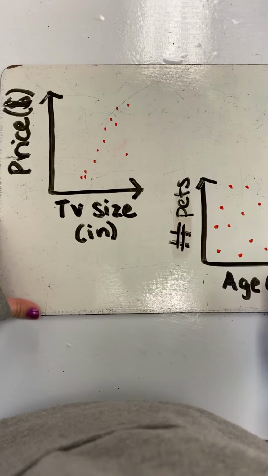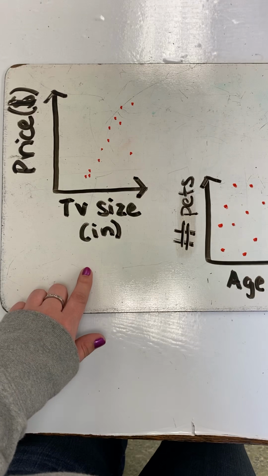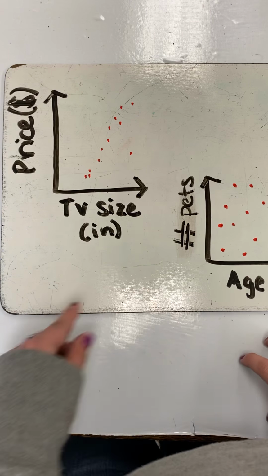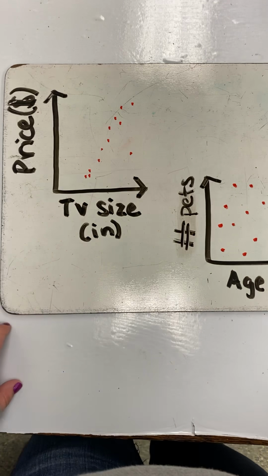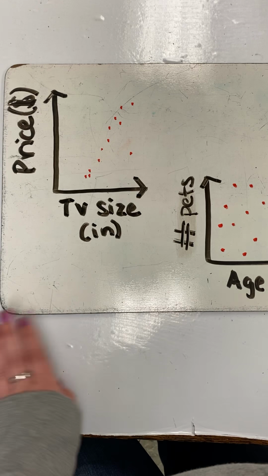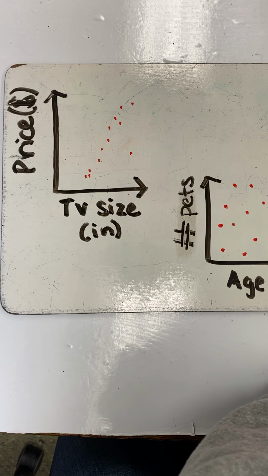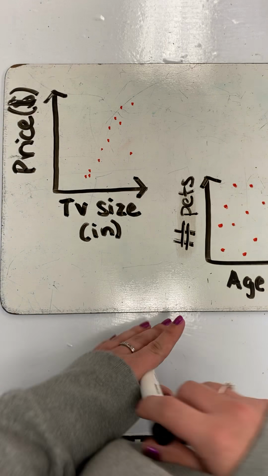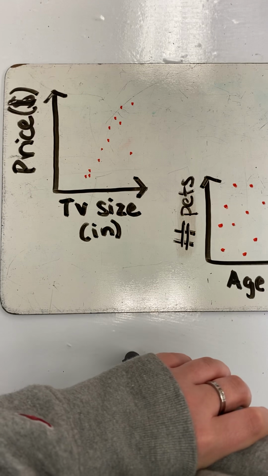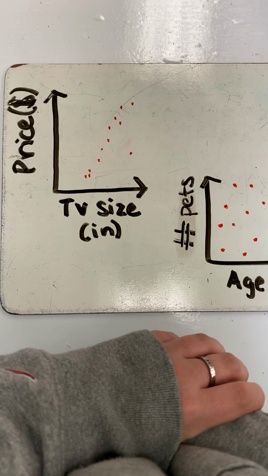So let's look at some examples really quick. This graph right here compares TV size in inches to their price. What kind of relationship do you think this is? I would call this a positive linear relationship.